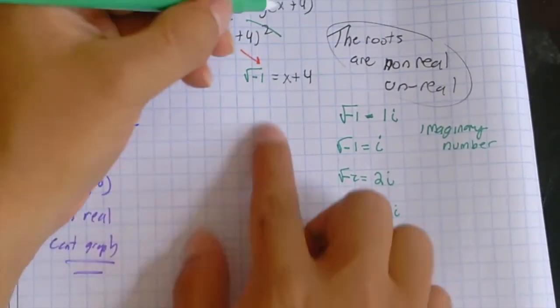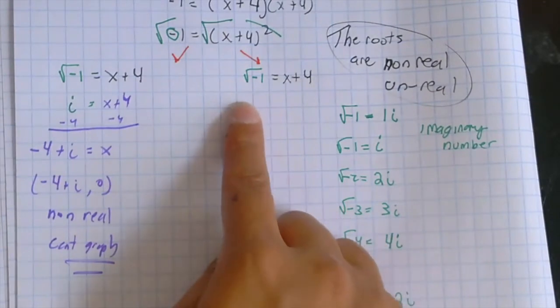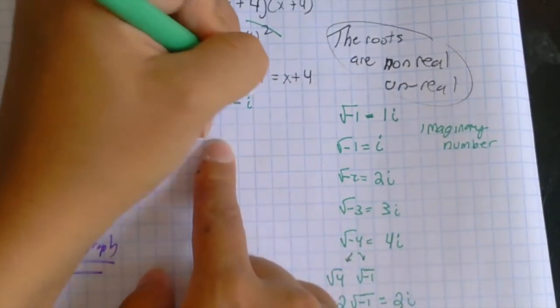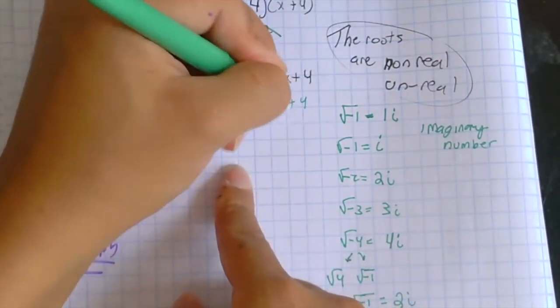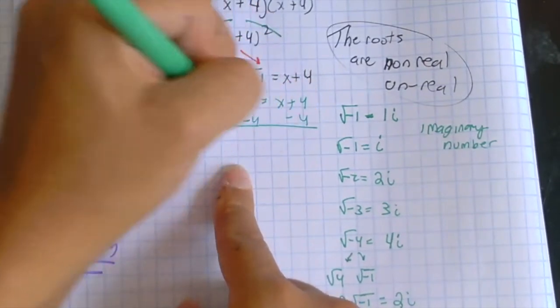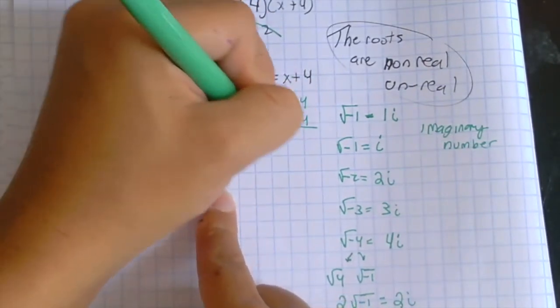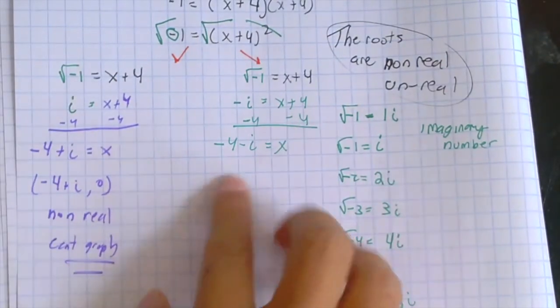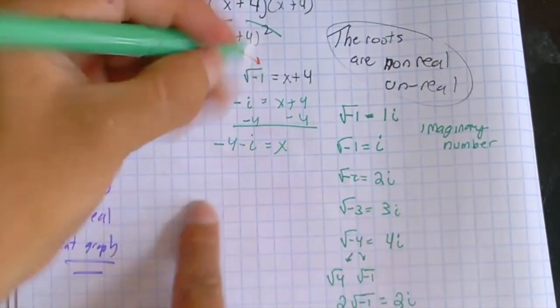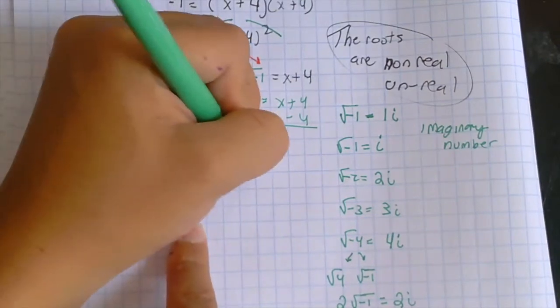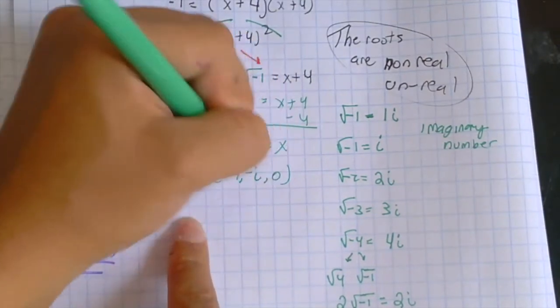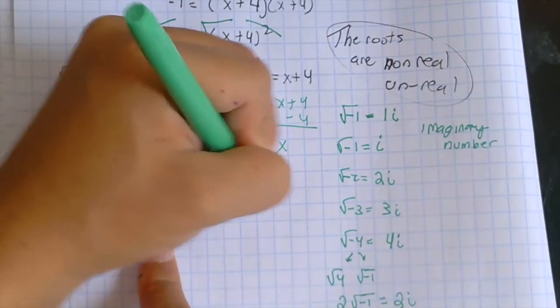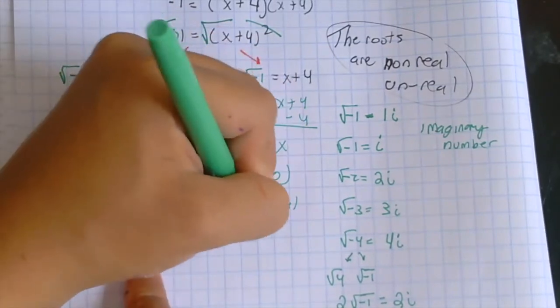And down here, one would think that would be negative i equals x plus 4, subtract 4 from both sides, right? Negative 4 minus i equals x. And that's what you'll have. So (-4 - i, 0). But again, it's not real. Can't graph.